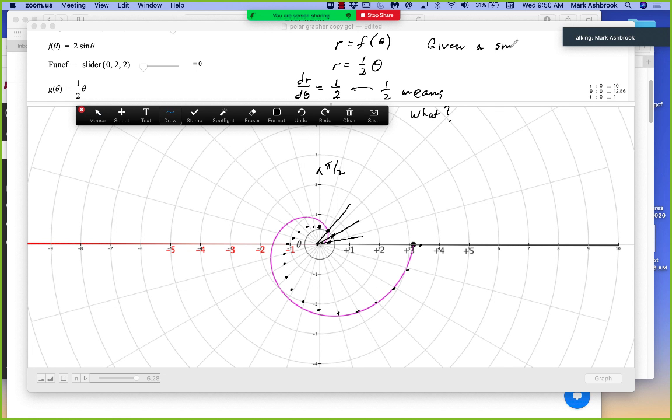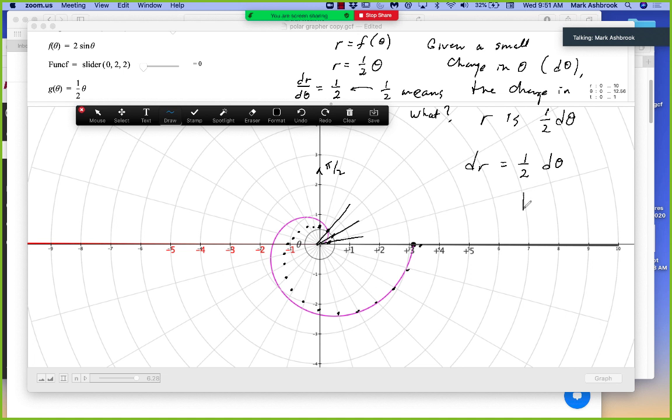Right, so given a small change in theta, d theta, the change in r is half times the d theta. Given any small change in theta, the resulting change in r is half as much as the change in theta.